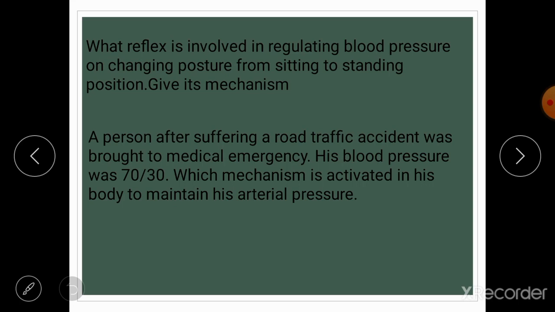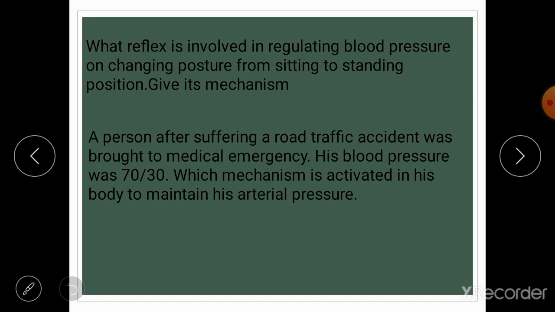So in the end, I have two questions as I promised before. These are two commonly asked questions. Let us discuss them one by one. First of all, the first question is, what reflex is involved in regulating blood pressure on changing posture from sitting to standing position? Give its mechanism. As I mentioned before, when you are sitting or lying and you suddenly stand up, your blood pressure suddenly falls.